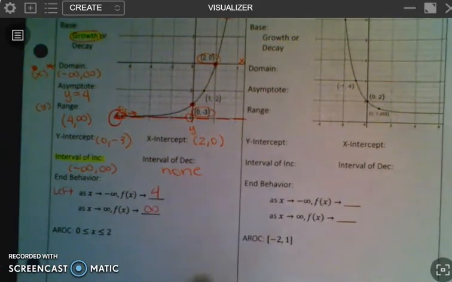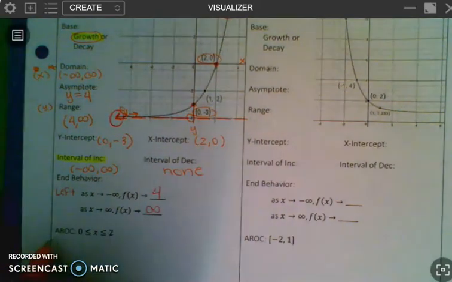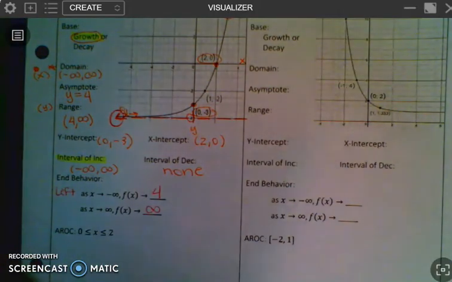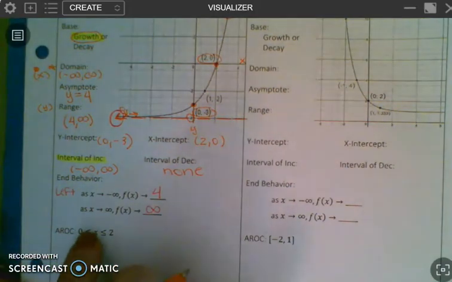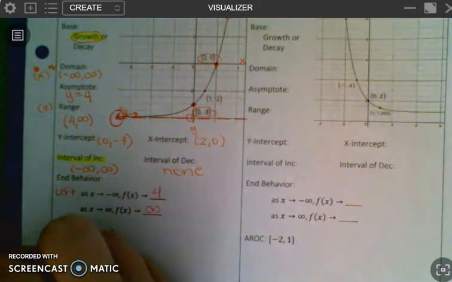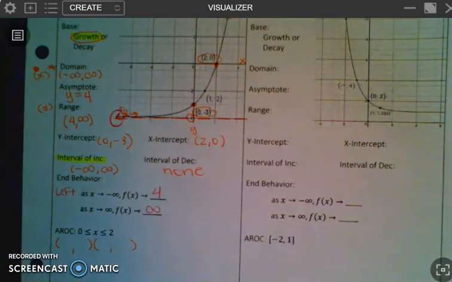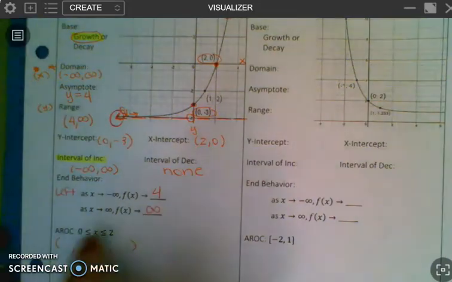Scroll down a little bit. The last piece we have is average rate of change. That's your slope. And when you're given these, it says 0 is less than or equal to x, less than or equal to 2. So these are your 2 x values. So I have 2 points I need to find slope. Each of these are the x's.